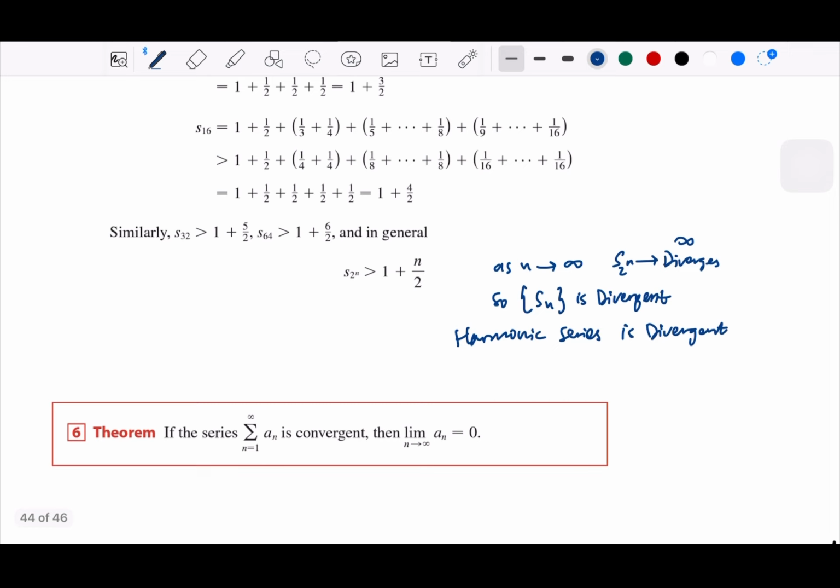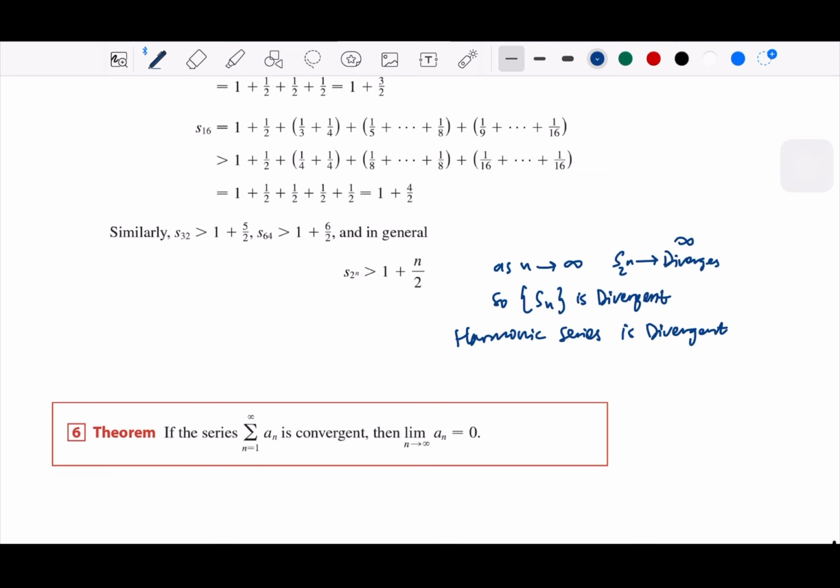So if the series sum of an is convergent, then the limit of the sequence an is 0. Okay, the important one: do not reverse the theorem. This will be really confusing if you do that.